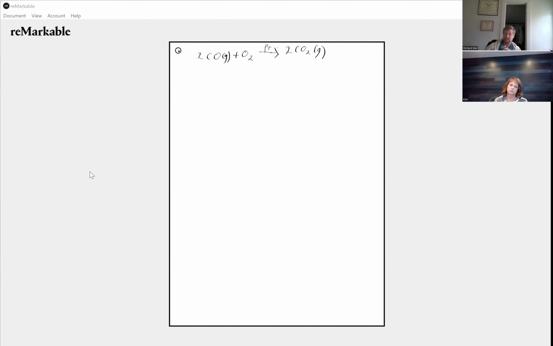That is a catalyst. In your catalytic converter, you have platinum that is basically coating copper. So you have copper with a very thin layer of platinum. And here's how it works.